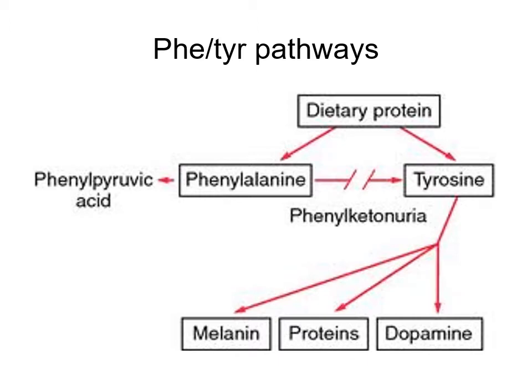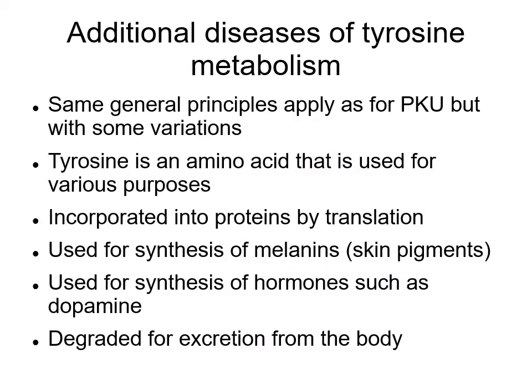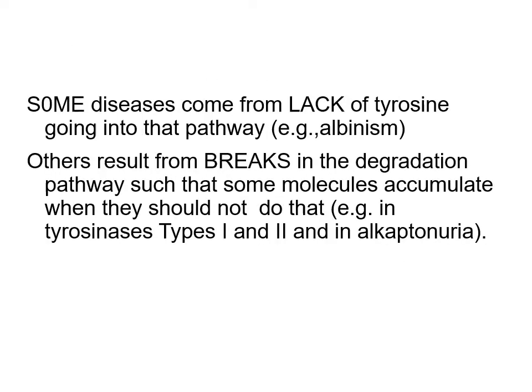Now, tyrosine is a different example from phenylalanine because it is used metabolically to make important things like melanin and dopamine, as well as just the synthesis of our own protein. So it's like PKU, but not quite, because this is going to be used for various purposes: incorporated into proteins, of course, used for synthesis of melanins and hormones, but the rest is degraded, and that degradation process is important for our health.